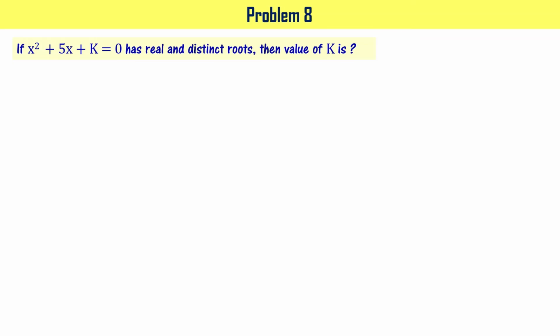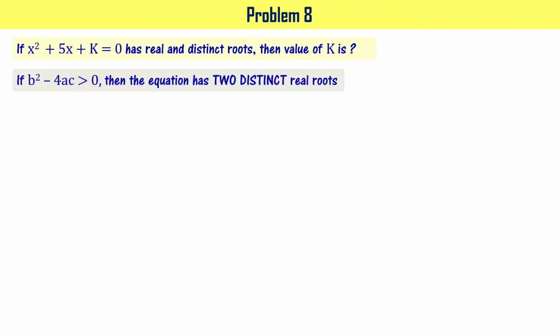The next problem is, if x square plus 5x plus k equal to 0 has real and distinct roots, then we have to find the value of k. We learned that if b square minus 4ac is greater than 0, then the equation has two distinct real roots, right?